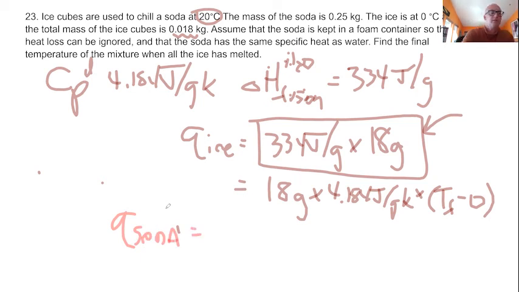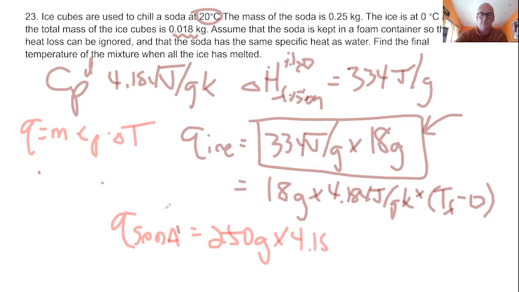Remember, Q is mass times heat capacity times delta T. So 250 grams times 4.184 times TF minus 20. Exactly, very good.